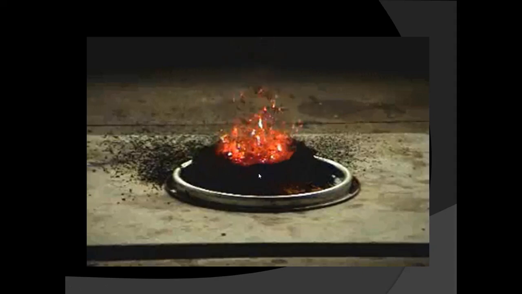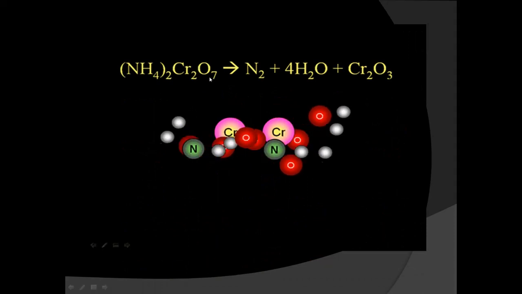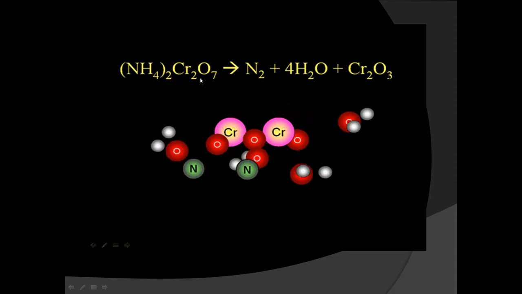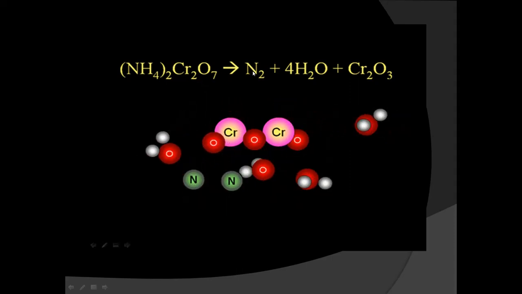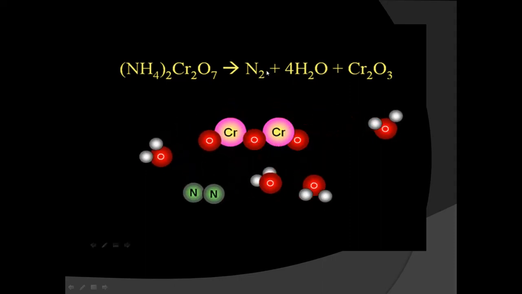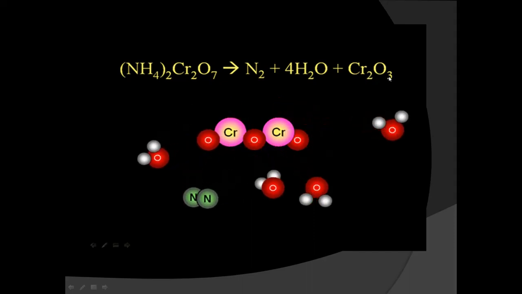So here, how many reactants are there? Can you tell me how many reactants there are? Yes, the reactant is only one. That is ammonium dichromate. Ammonium dichromate is a single reactant. But this single reactant is dividing. It is getting decomposed and giving rise to how many products can you count here? Nitrogen, water vapor and chromium 3 oxide.